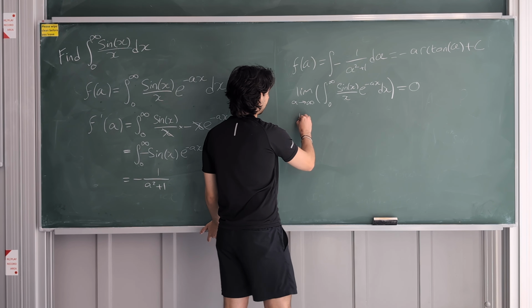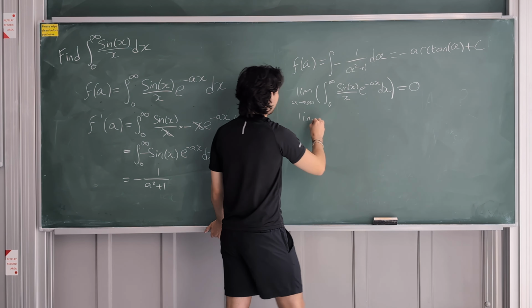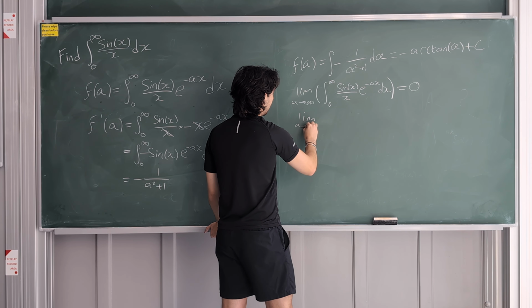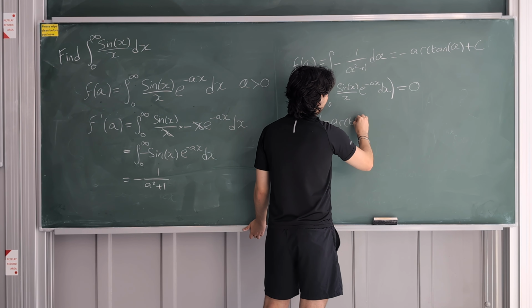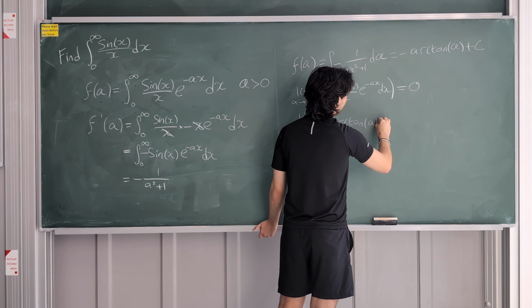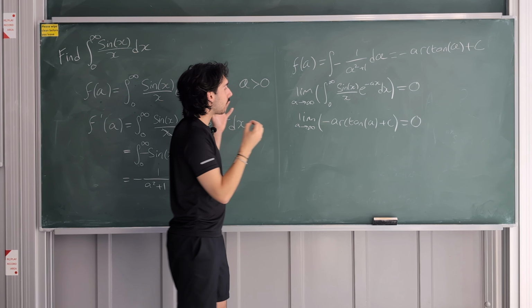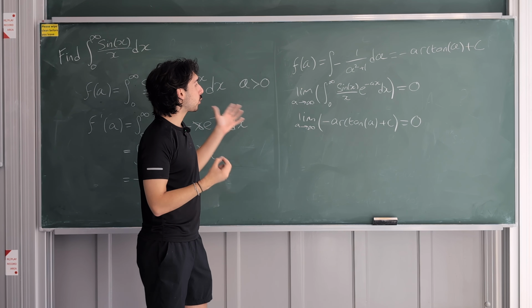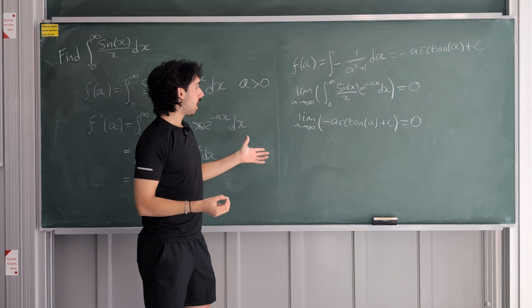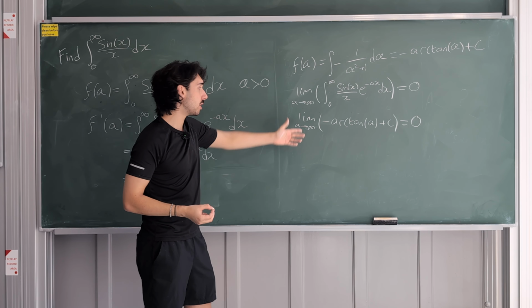So that means, because this is also f of a, that the limit as a approaches infinity of minus arctan a plus c also has to be 0, because they are alternative definitions of the same thing. So of course the limit must be the same for both of these. They're both f of a, so that's why they're both 0.